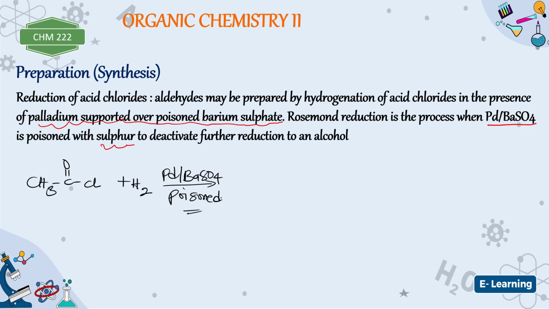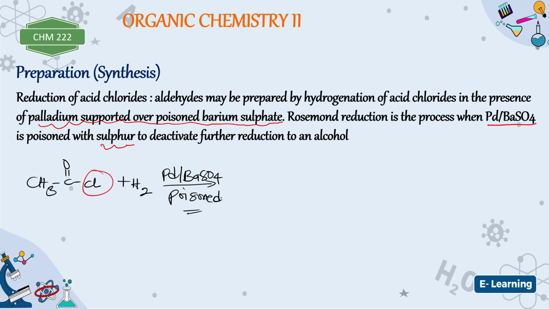Now, it's going to reduce. When you say reduce, that means remove. Reduction is also removal of what? Electronegative atom. That is also reduction. If you remove an electronegative atom, you've reduced it. So we are reducing it by removal of this chlorine we have here.